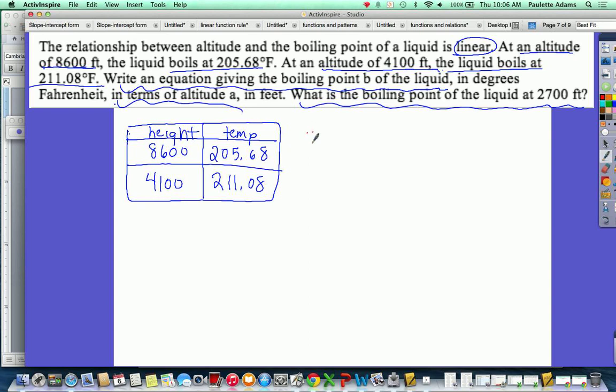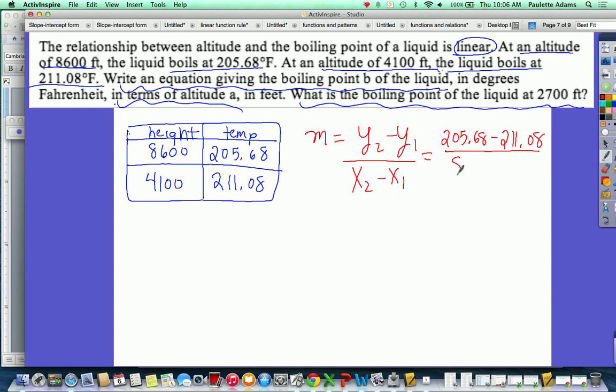Slope equals y2 minus y1 over x2 minus x1. So we will know we plug in the numbers right because we already said we have to get a negative slope. So 205.68 minus 211.08 over 8,600 minus 4,100.